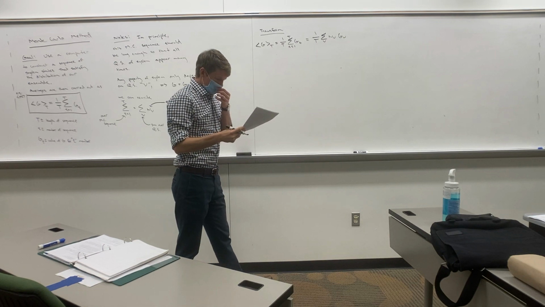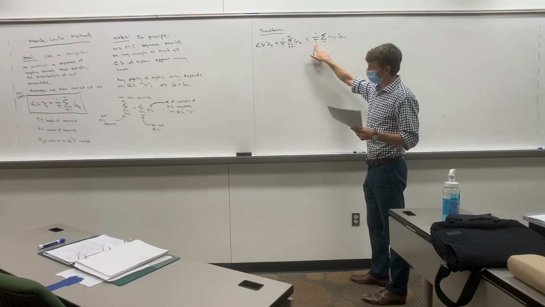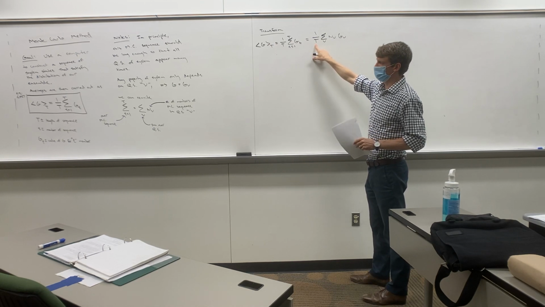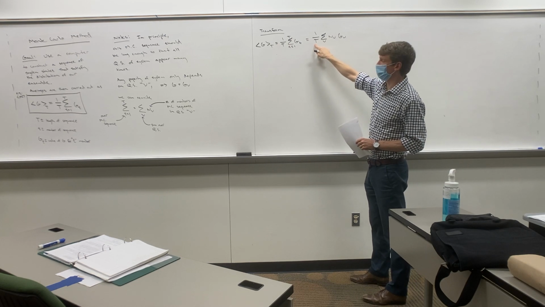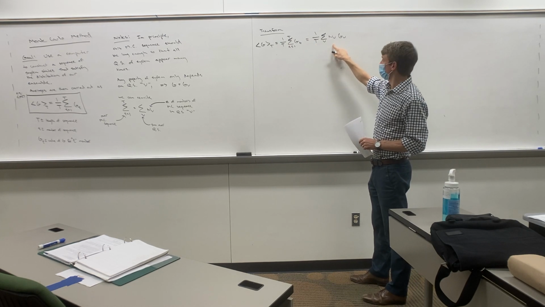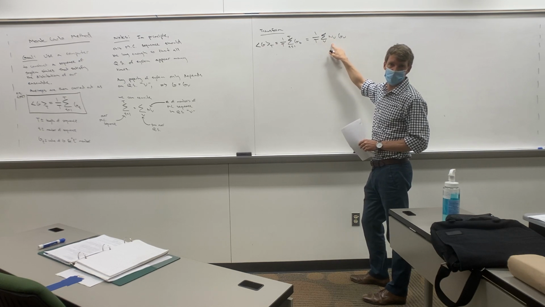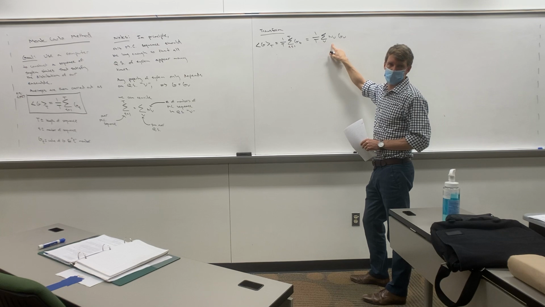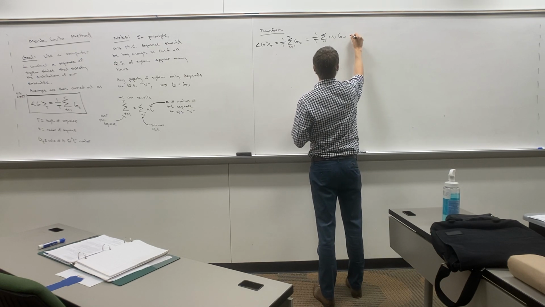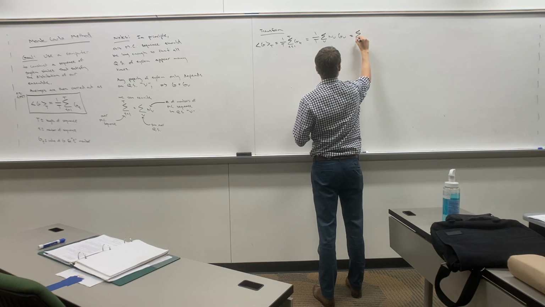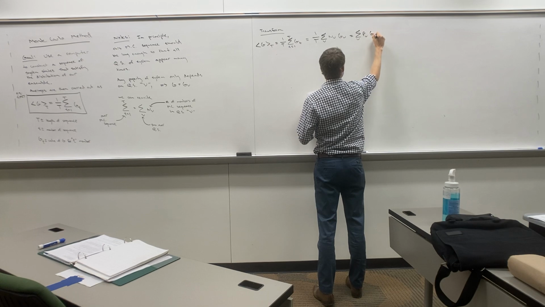T is just the total length of the Monte Carlo sequence, so it's a constant and I can bring it inside the sum. Then I have an n over T, which we're going to call a probability. So this is equal to the sum over nu of p nu G nu.